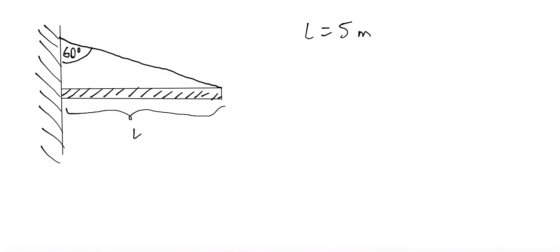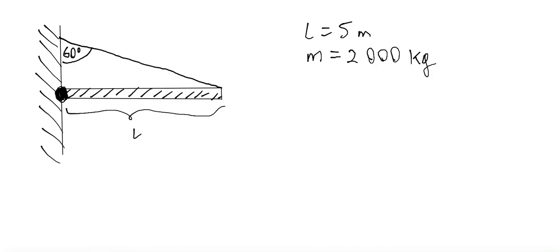Is that clear? Okay, the pivot, the point of rotation, is here. And let's imagine that mass of this bridge is 2000 of kilograms and length of 5 meters.